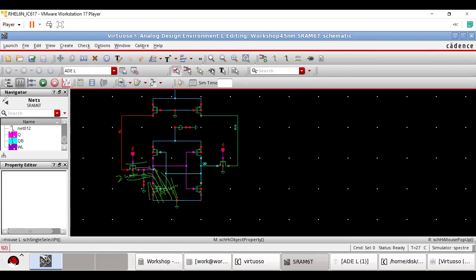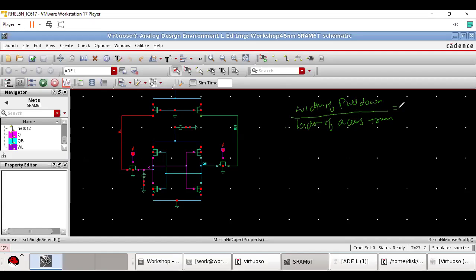And what is the mathematical reason? If this is only the logical reason, what is the mathematical reason? Mathematically, in 6T SRAM, the width of access transistor, if it is taken in denominator, and width of pull down transistor, if it is taken in numerator, its value should always be greater than 1.